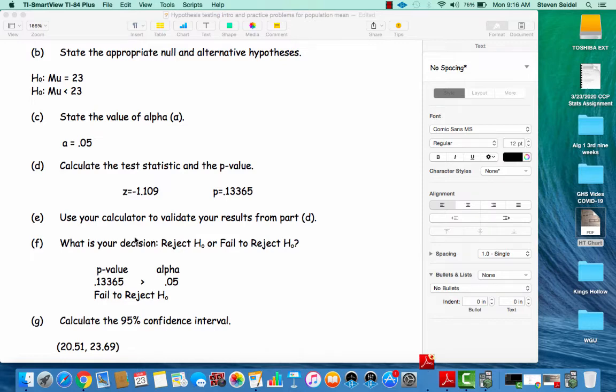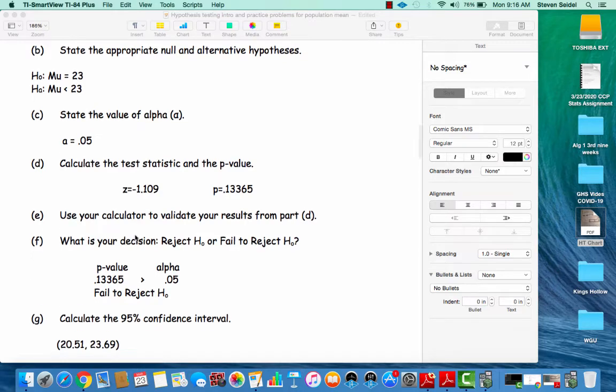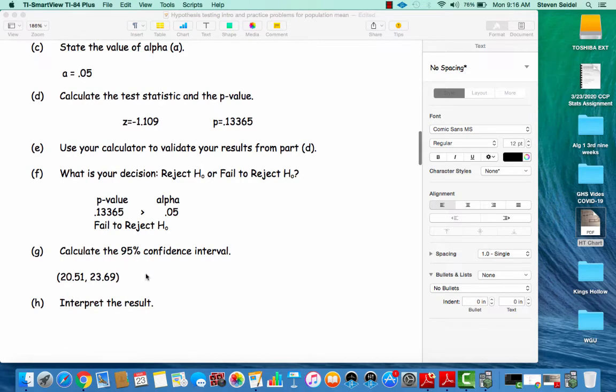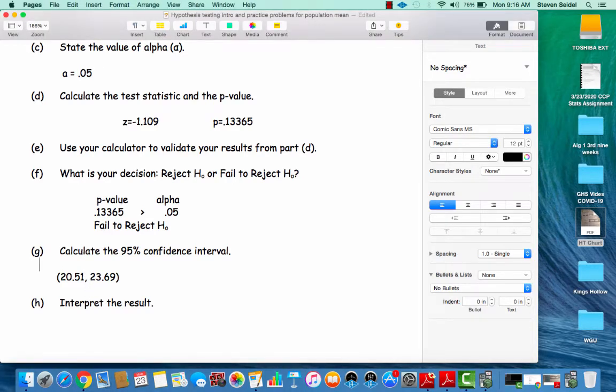Maybe that was not a large enough sample. But think about our confidence interval here. 23 is in there. That director's claim has 23 somewhere in between that interval.